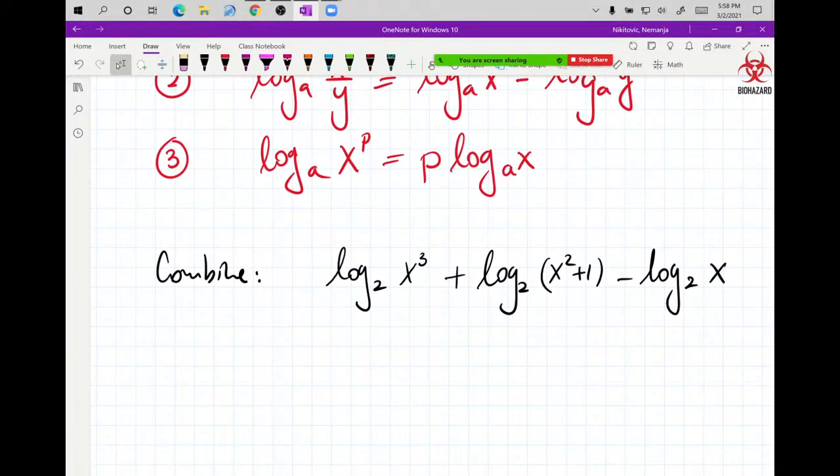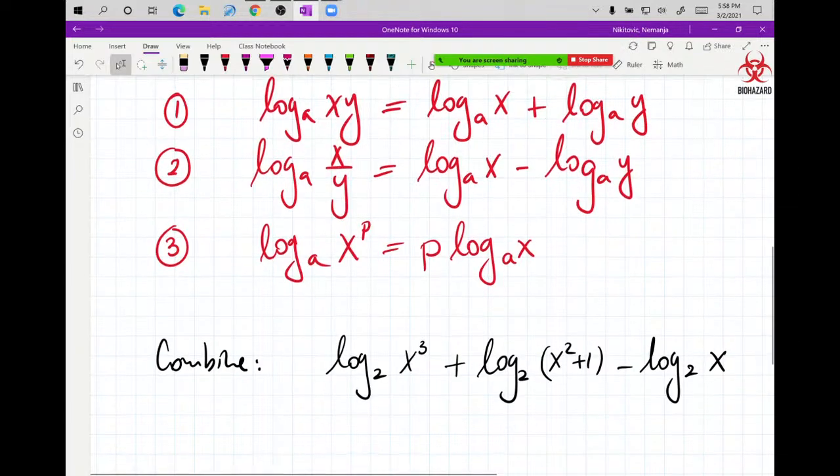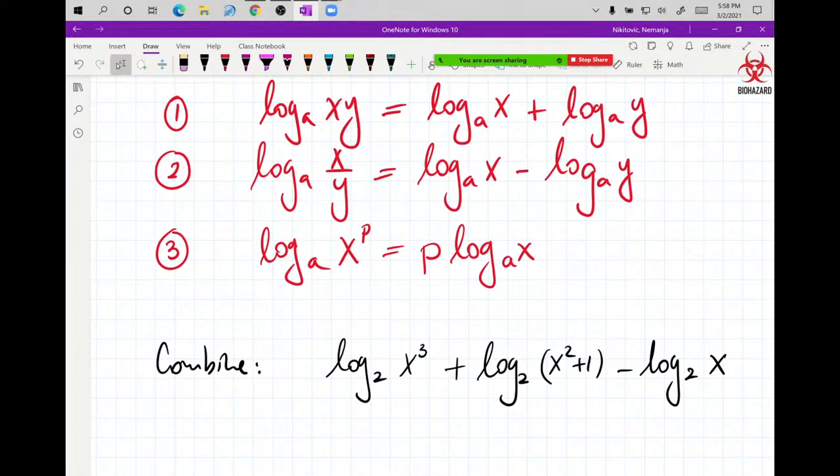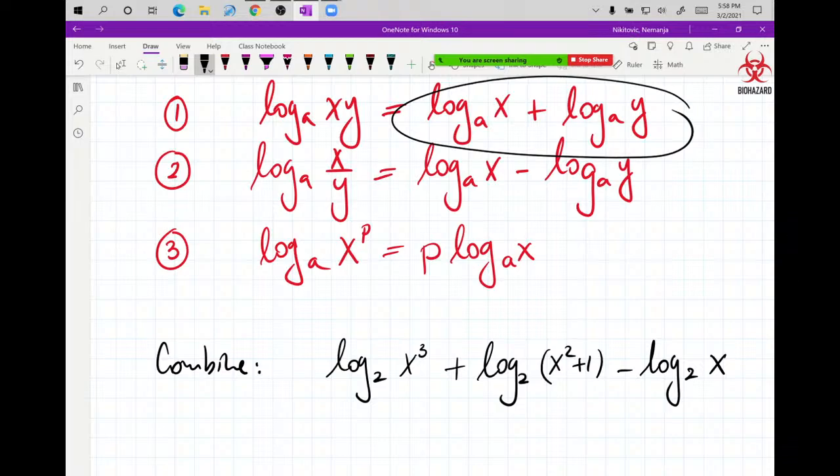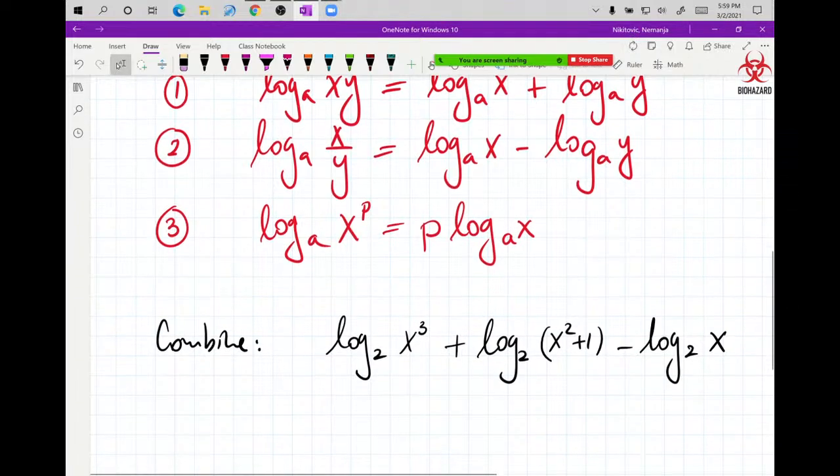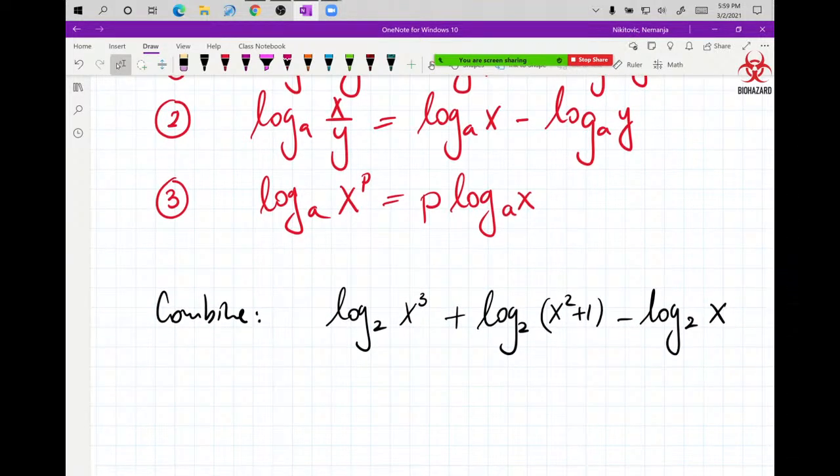So what we do here is we say, by rule 1 up there, when I have addition of two logs of the same base, they can condense, compress, or combine into a log which multiplies the arguments, the things that are in the log.